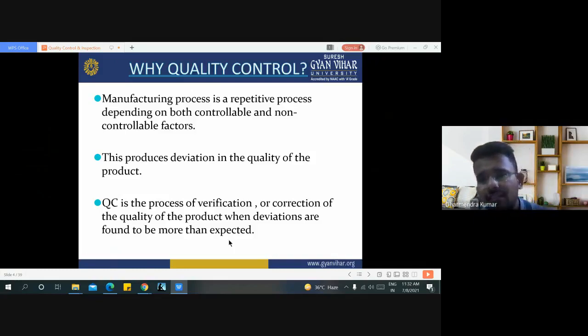If the deviation is within the margin, then the product goes to the final inventory. If the occurrence of deviation is more, then we change our process.